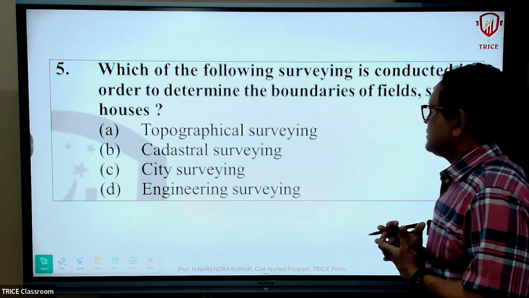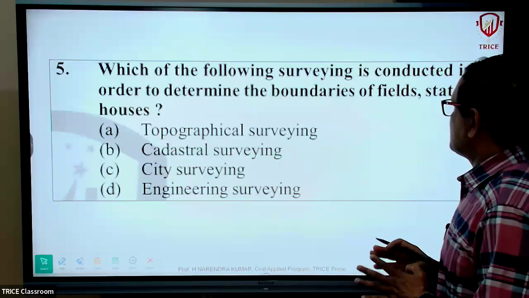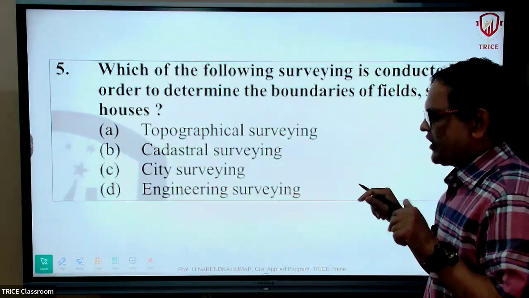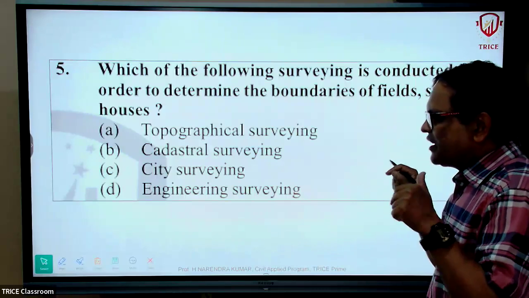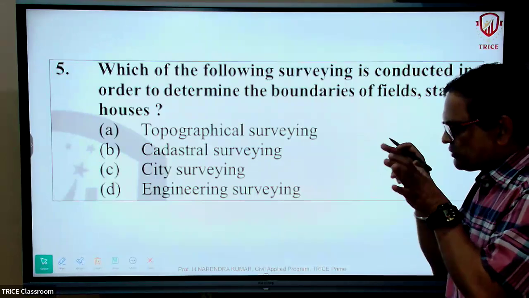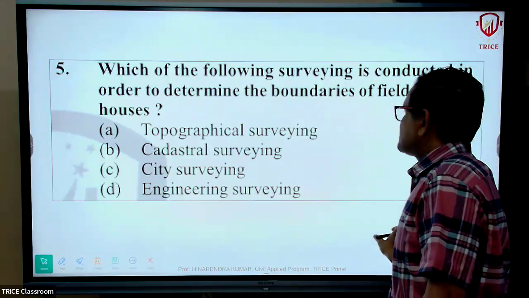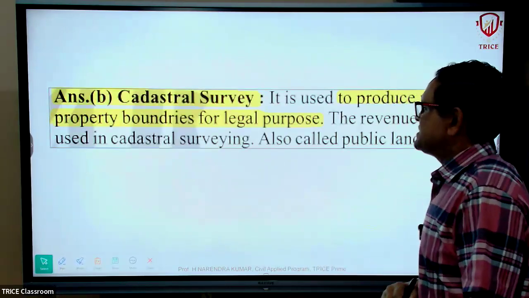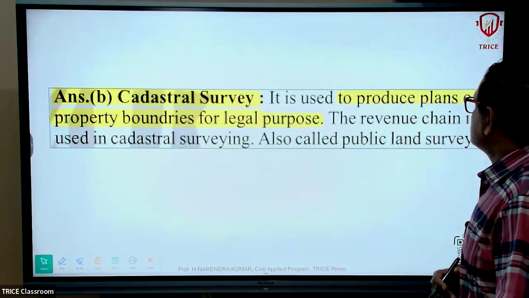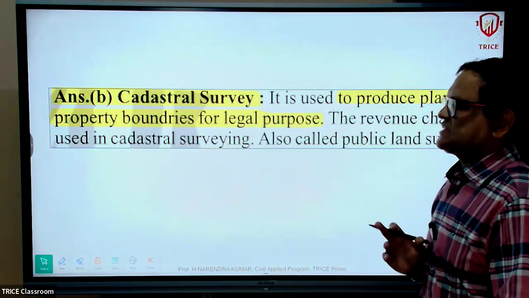What is cadastral? The dictionary meaning of cadastral is boundary of a plan. In order to calculate the area of a given place, we first need to demarcate the boundary. That is called cadastral. Cadastral surveying is the answer.